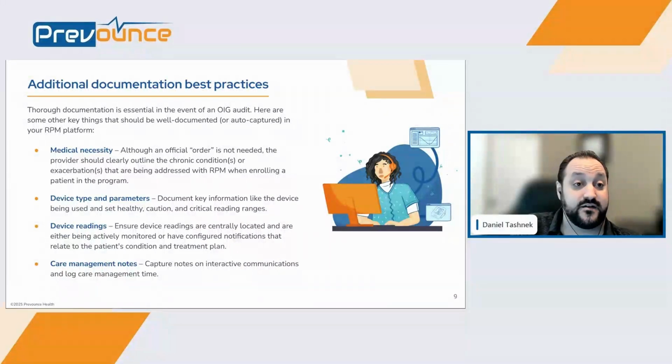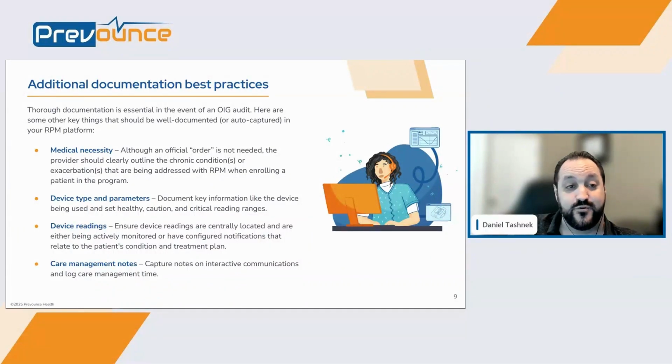So Medicare does not require an official order, right? There doesn't have to be one like you do with a Holter or MCT study, things like that, because it's an ongoing care management service. It's not like I place the order, a report comes back to me and I review the report. That's not RPM. So you don't need an order or a prescription or a requisition, right?